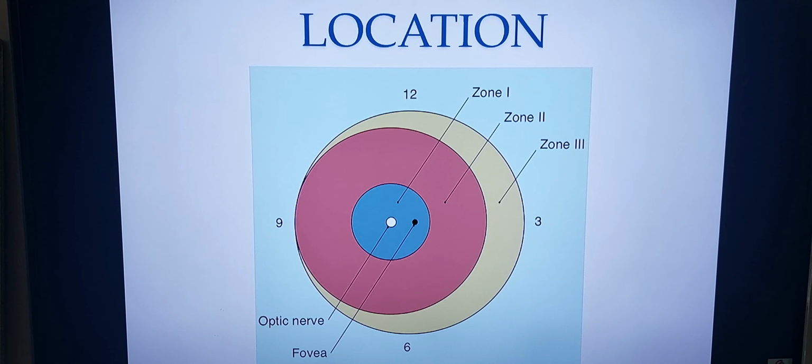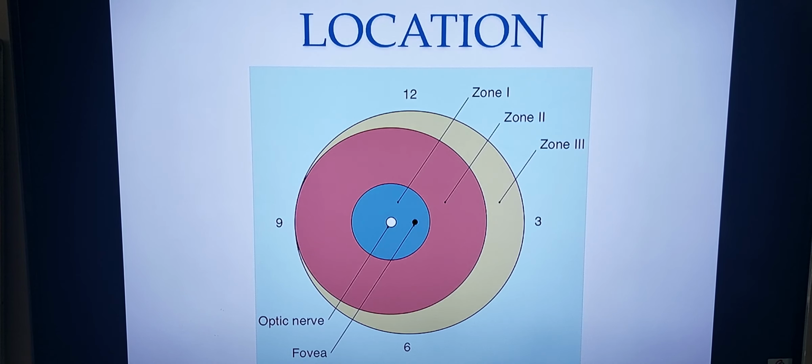This is zone 1. Then zone 2 is slightly towards the periphery. You can see the red circle. That is the distance between the fovea and the nasal ora serrata, whereas zone 3 is the anterior crescent left on the temporal side.